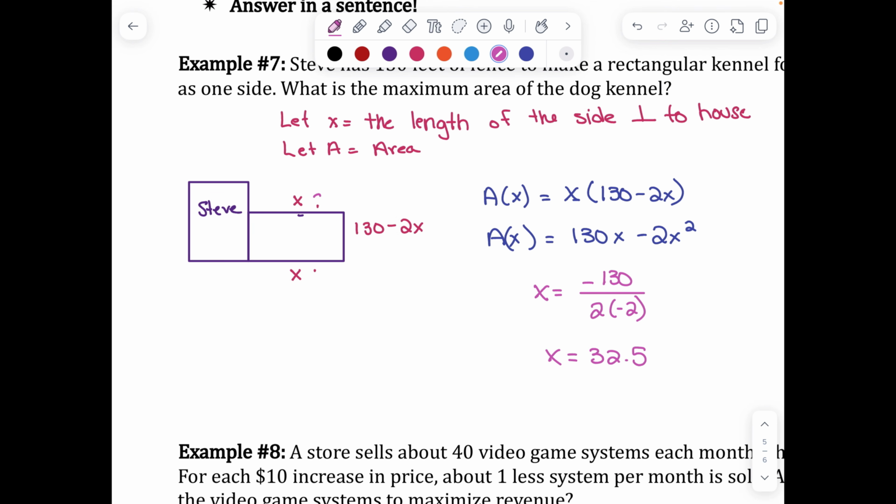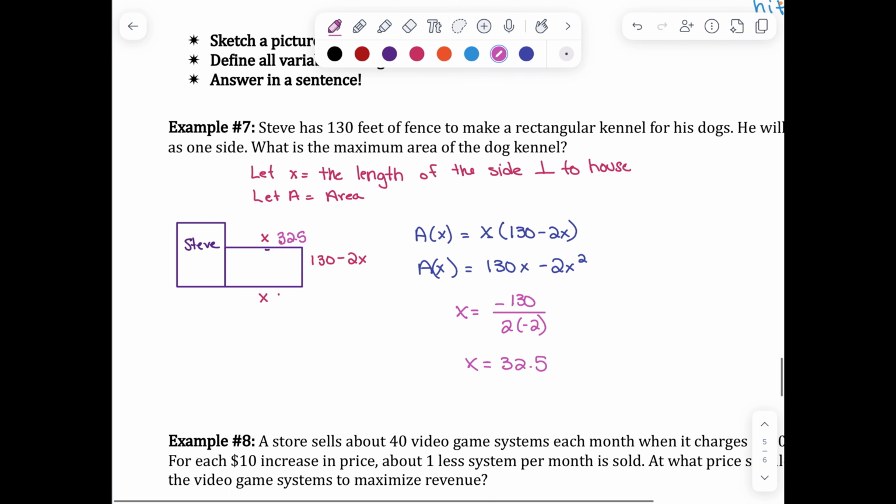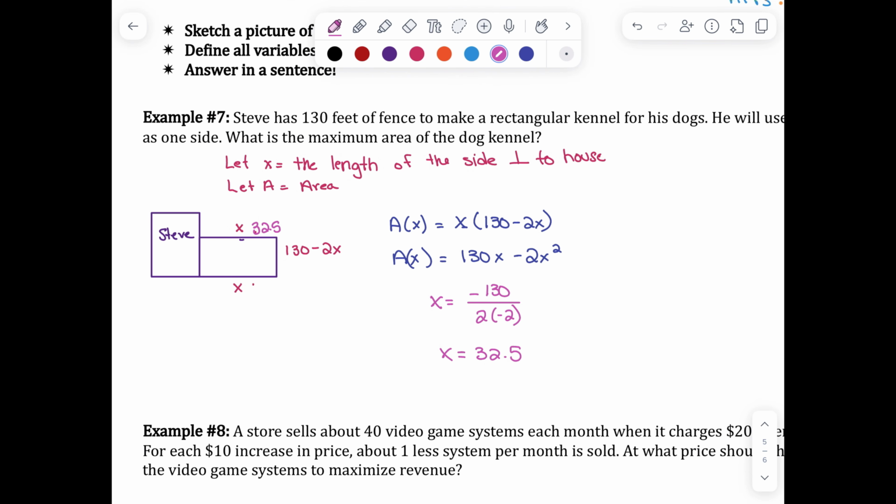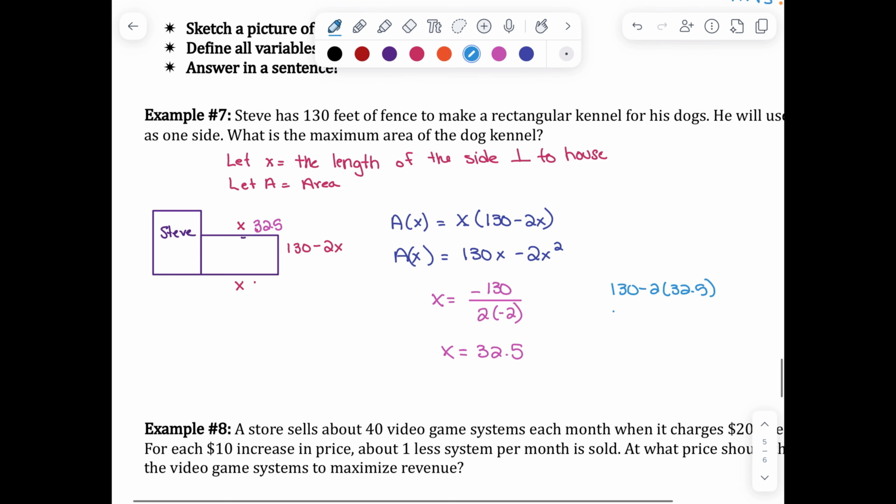So 32.5 is this length. Now we have to find that third side. So by substituting in 32.5, so we're saying 130 minus 2 times 32.5. So we get 130 minus 65, so that just equals 65.